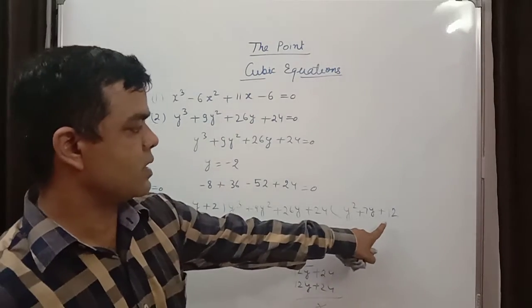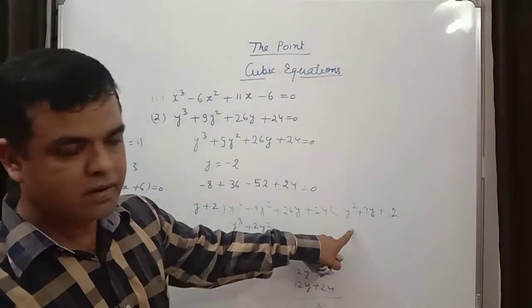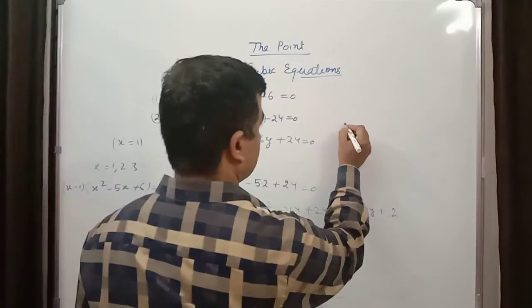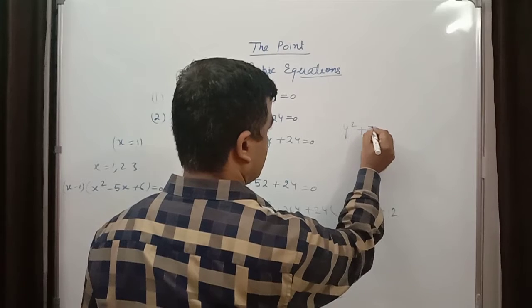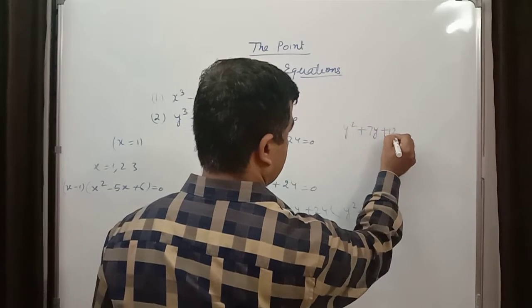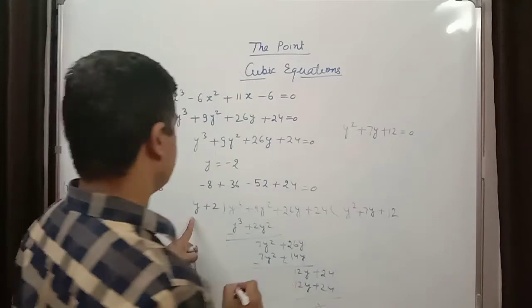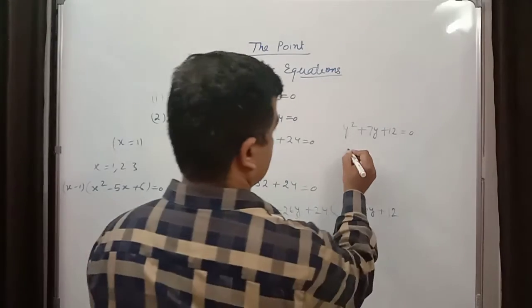So the quadratic equation will come y square plus 7y plus 12. So y square plus 7y plus 12 is equal to 0, and one factor we have already found out, y plus 2.